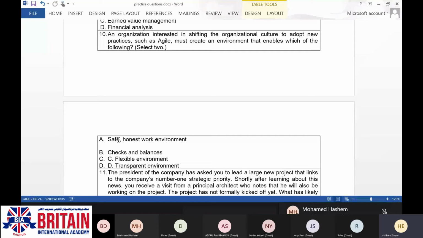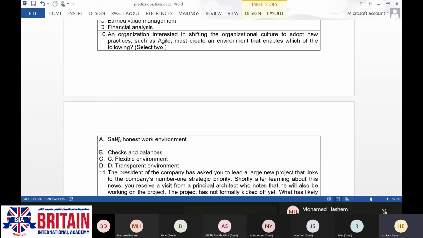This is a clear statement in the Agile Practice Guide. Whenever any organization would like to apply the Agile mindset inside the organization, it has to follow this sequence: safe, honest work environment and transparent environment. Clear? It's a clear definition.